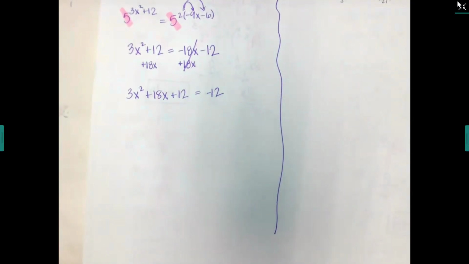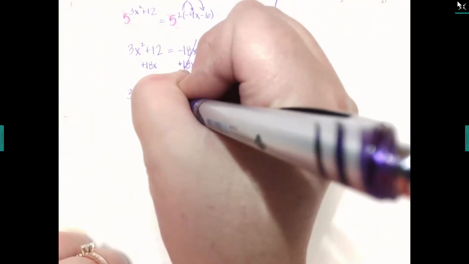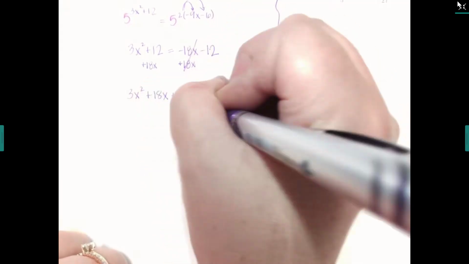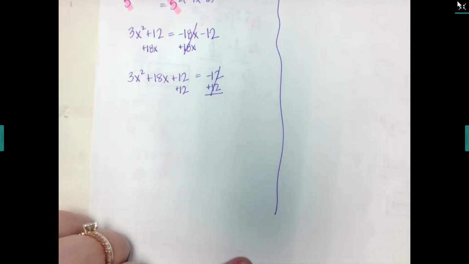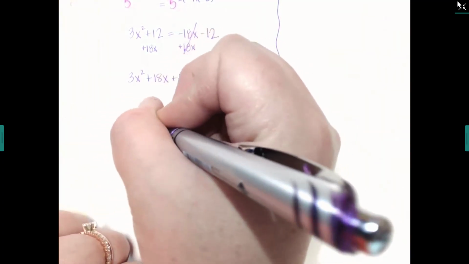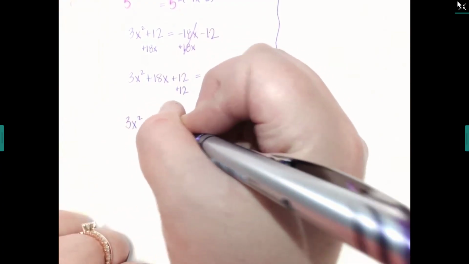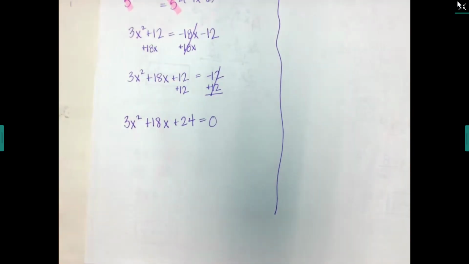How will I move the minus 12 over? Add 12. Now, when I add it, if there's another number by itself, I have to add it to that number. So I'm going to add this 12 to that 12. So that now all of my terms are on the same side. I have a 3x squared plus an 18x plus a 24 equal to 0.